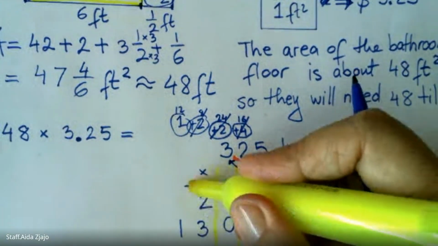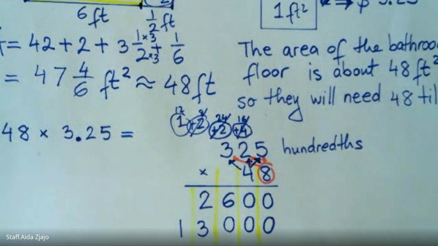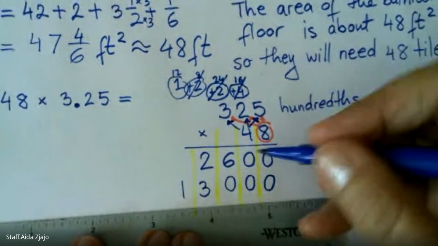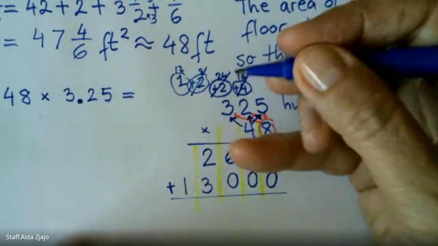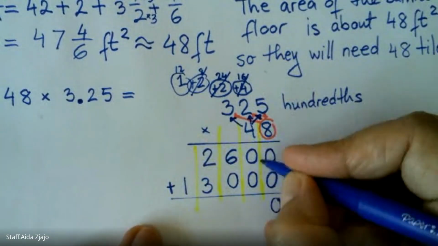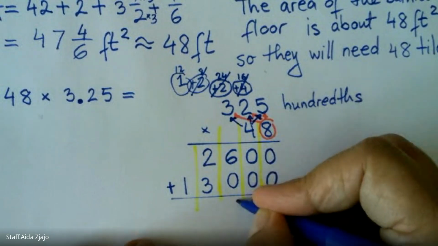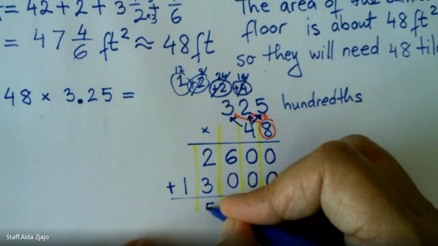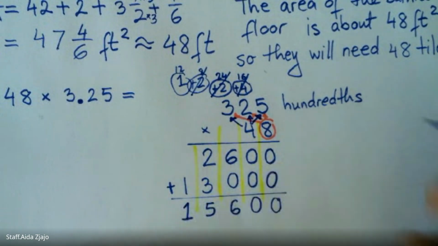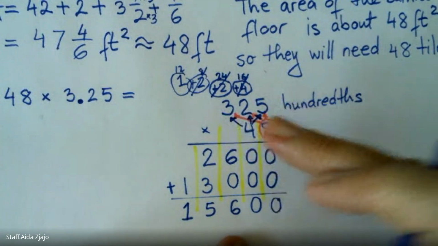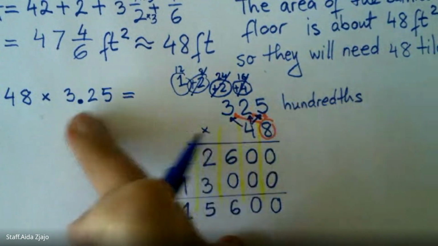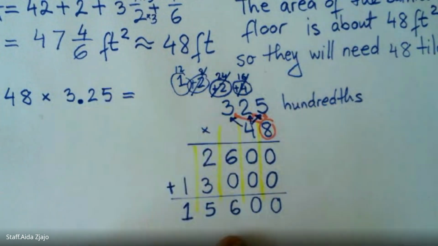Now I just need to add all these together. 0 plus 0 is 0, 0, 6, 5, 1. Those are hundredths because I didn't have 325, I had $3.25.